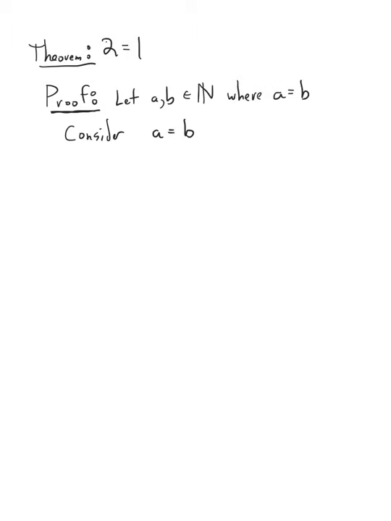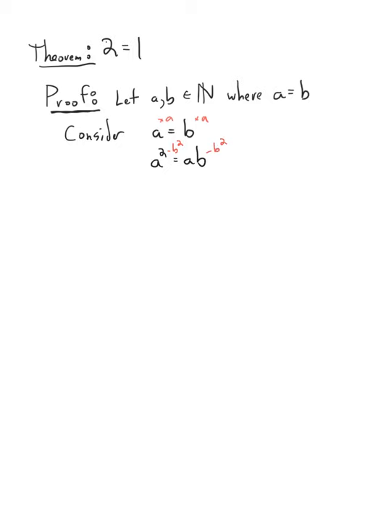What I'm going to do next is multiply both sides by A. So if I do that, A times A, well, that's A multiplied by itself twice. That's A squared equals A times B. Okay? The next thing I'm going to do is subtract B squared from both sides.